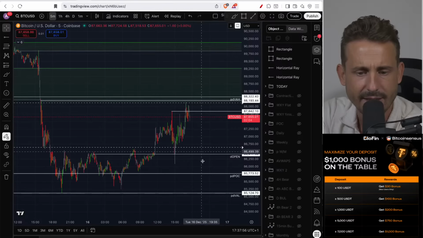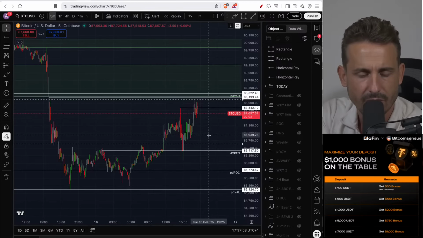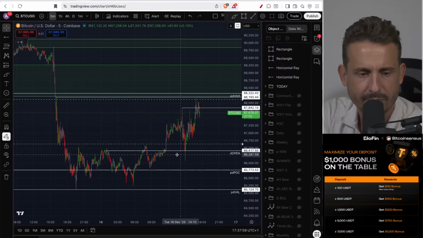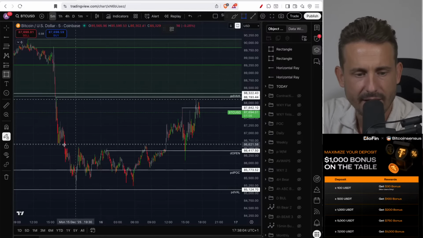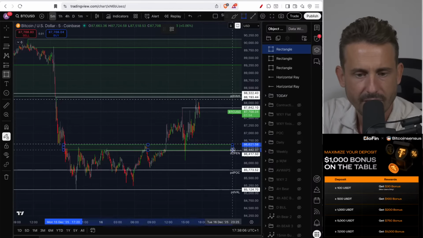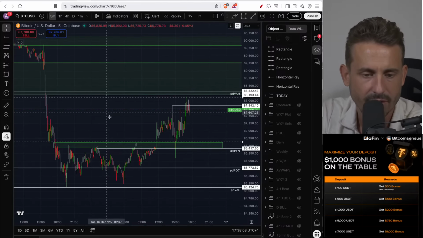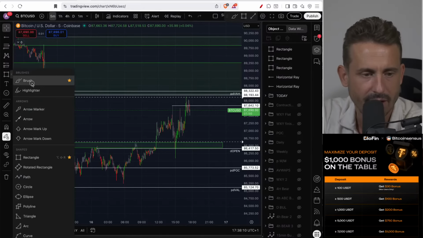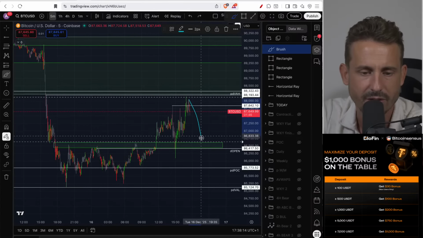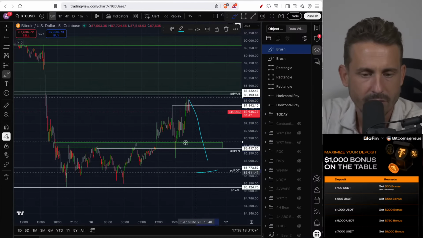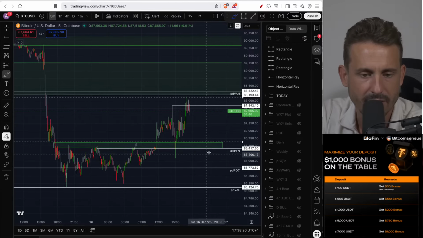Well, the 86k zone, I mean, unless you're looking at these highs of the range, right over here, which we kind of already got the support. I wouldn't be too interested here if we roll over to look for any longs myself.